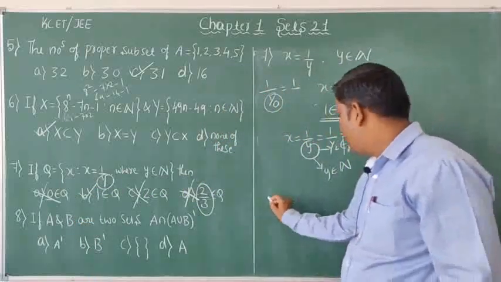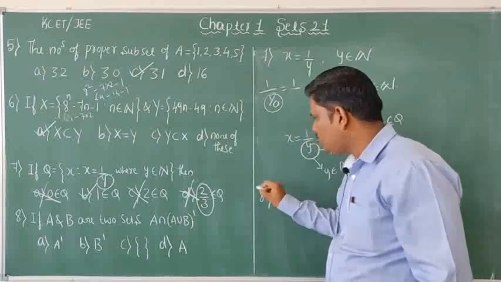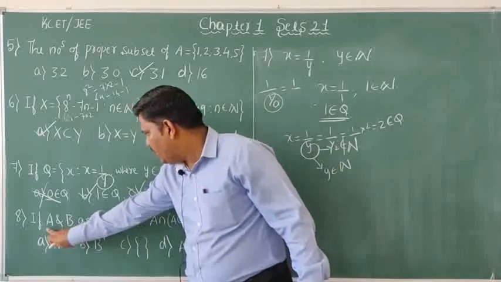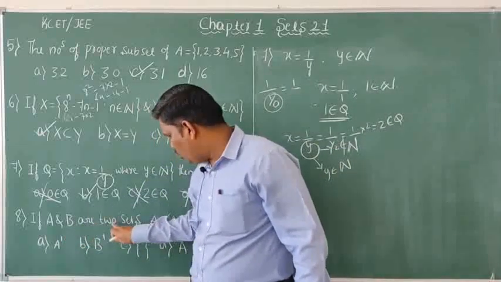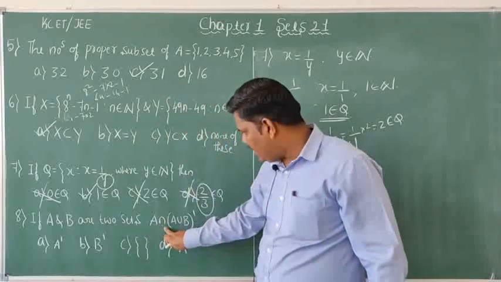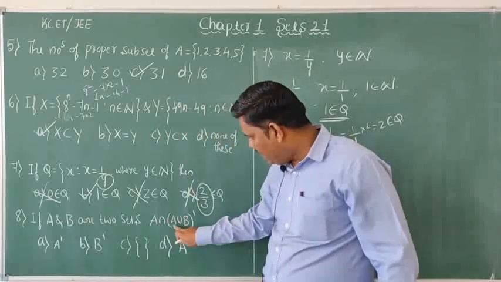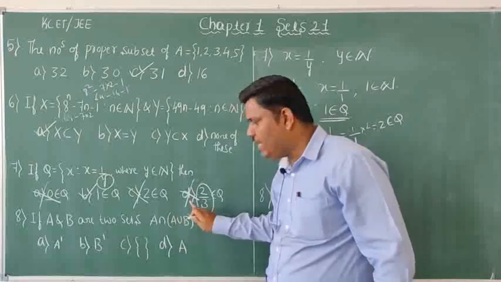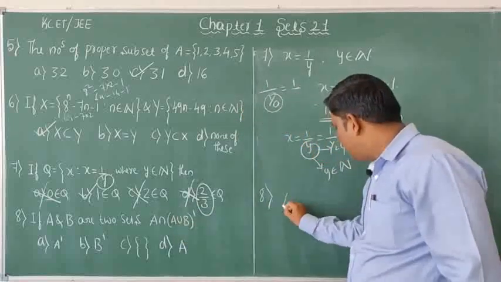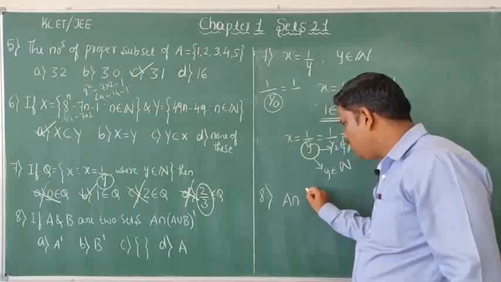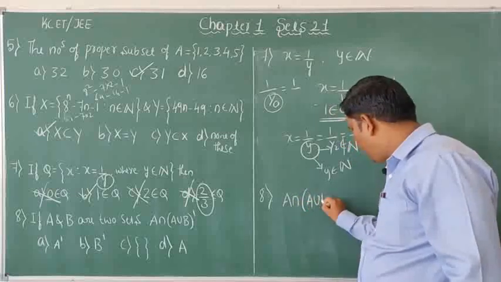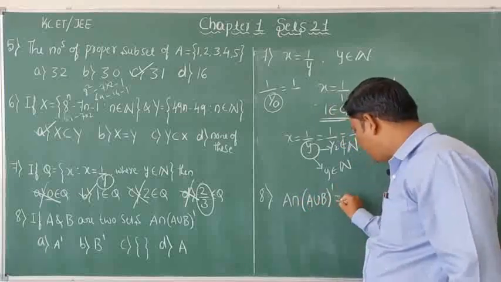Next, question number 8. If A and B are two sets, A intersection (A union B) whole dash. Observe, A intersection (A union B) whole dash is equal to.